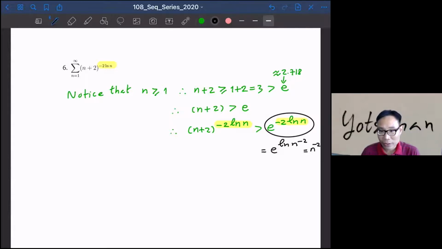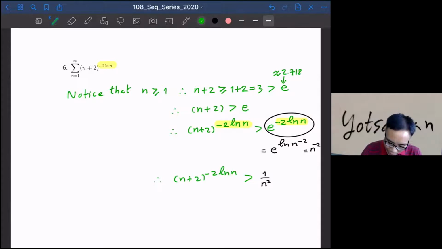So you get n plus 2 to the negative 2 log n higher than 1 over n squared, which is n to the negative 2.